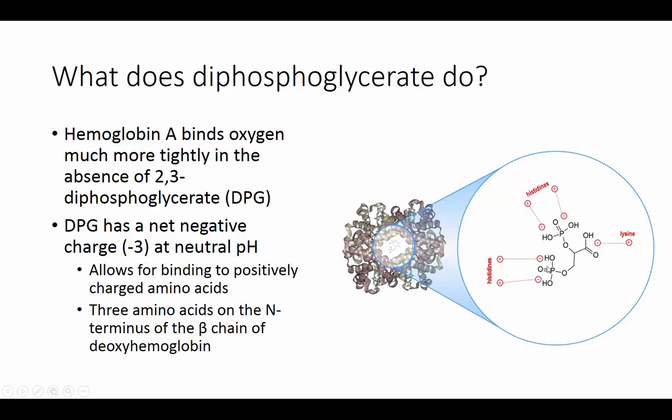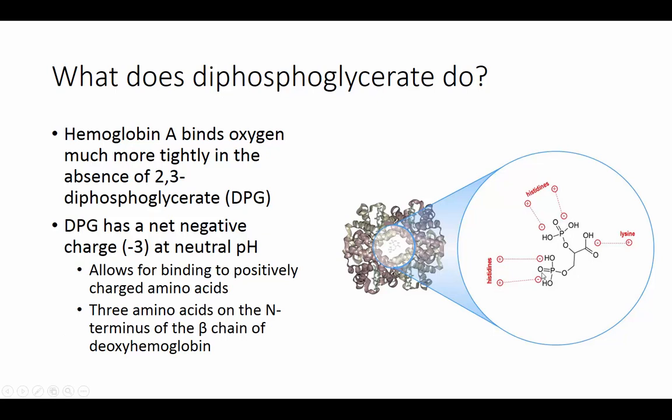It's got 2 phosphate groups and a net negative charge, a charge of -3, which tells us a little bit about what kind of intermolecular forces are at play and what kind of interactions this molecule can make with the hemoglobin protein.